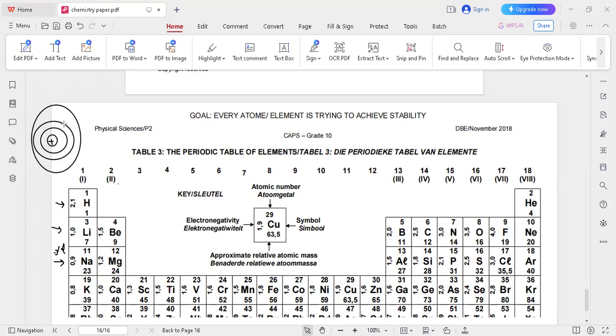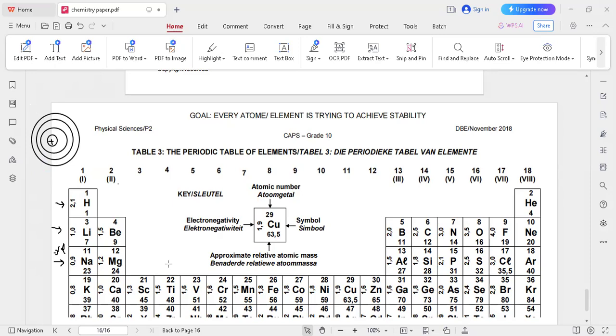It should be completely round. Let me see if I can try again. Okay, there we go. We're not going to count the nucleus. That is 1, 2, 3 orbitals. It's in the third energy level, so that's great.